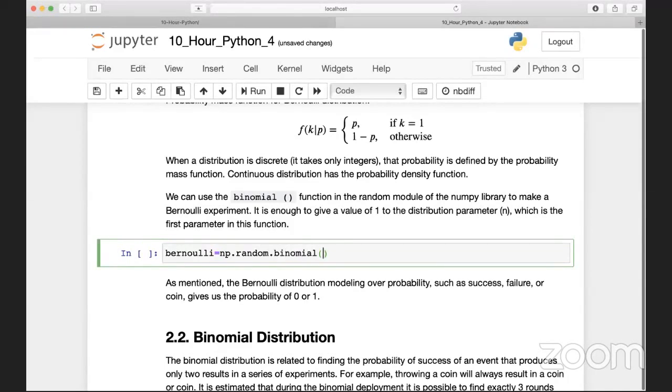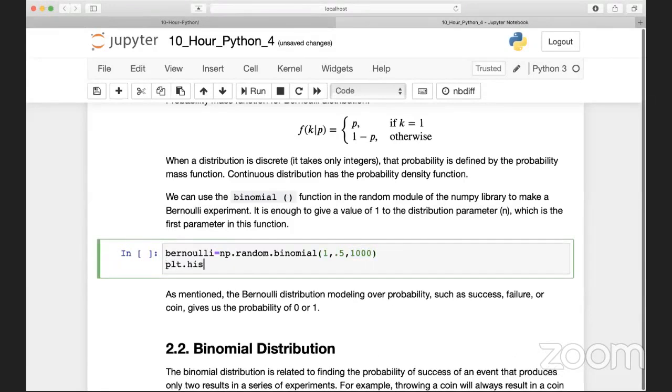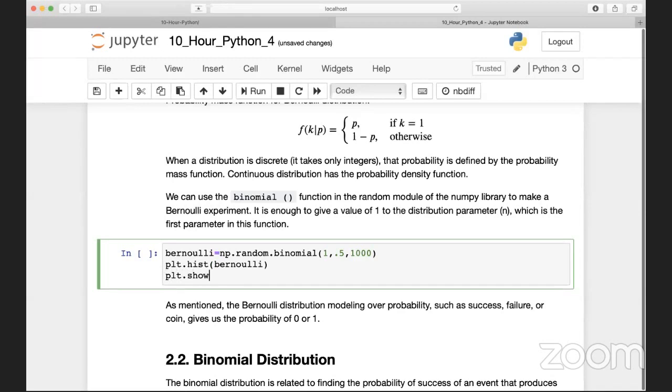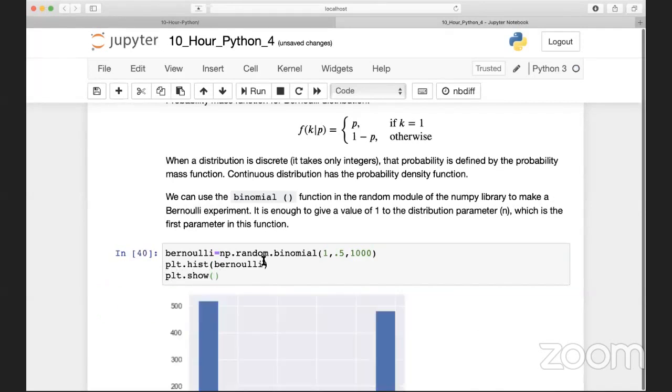Okay. 1, 0.5, and 100. So this one is the distribution parameter. This is the probability, and this is the number of samples that we have. plt.hist, the data is Bernoulli coming from here. plt.show. So this is what it looks like.